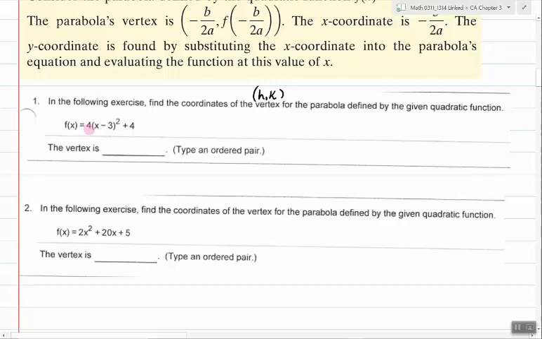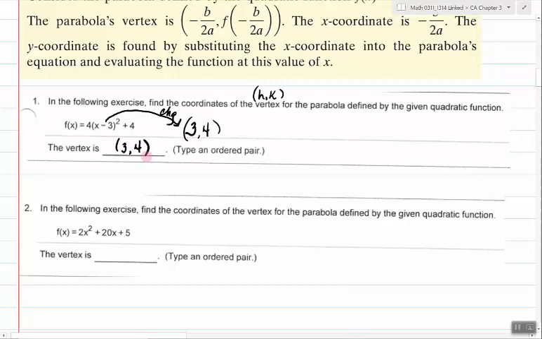All that tells me is that it opens up. (x minus 3) squared plus 4. You will take that minus 3, change its sign, and it will become 3. This is the k value, no change, so the ordered pair of the vertex is (3, 4).